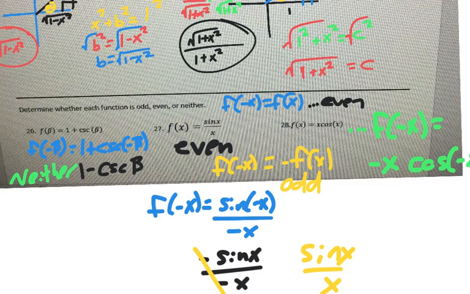So that means I write it exactly the same way, except just drop the negative. So now I've got negative x times cosine of x. I don't even have to put that in parentheses anymore. Can't be simplified. So did I get exactly what I started with? No. Did I change the sign of everything? Yes. It's just one term. There's no plus or minus between them. It's already one term. It used to be a positive term. Now it's a negative term. That means that this is odd.